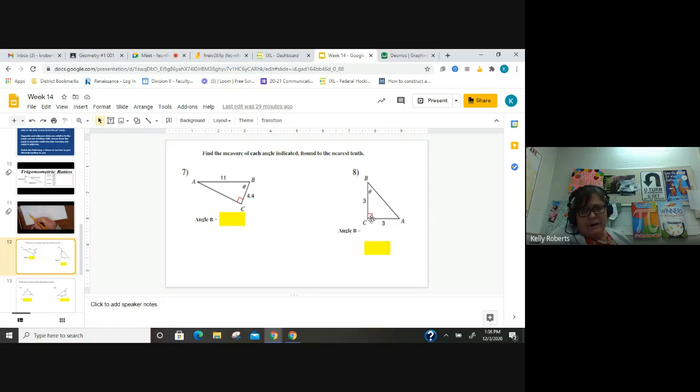So if this is 90, 180 minus 90 is 90. So these two angles have to add up to 90. They also have to be alike. So 90 divided by 2 is 45. So before I ever knew a thing about trig, I was able to find out that this angle was 45 degrees.